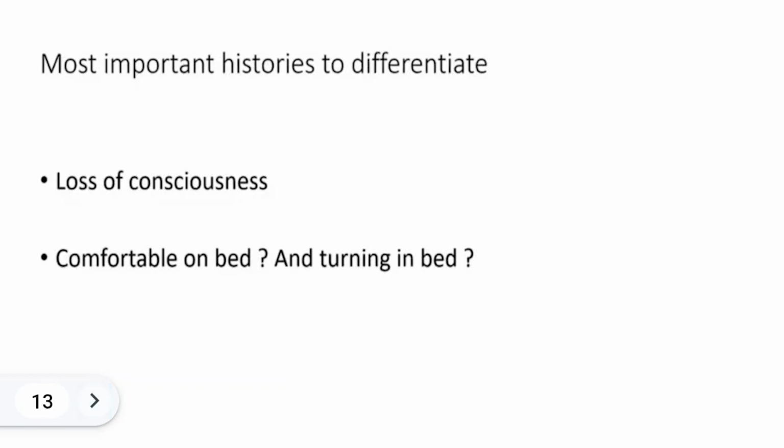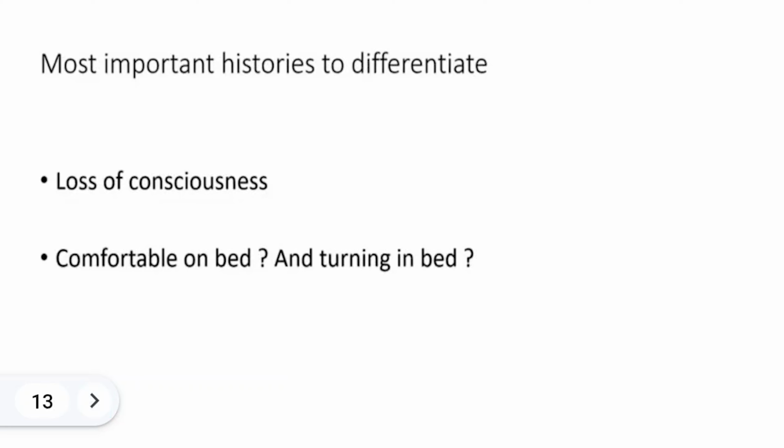And I just said that by asking 2 histories, we can differentiate true vestibular disorders from the other categories of disorders. One history is we must ask whether there is a loss of consciousness or not. Generally, loss of consciousness is seen in syncope or seizures. The second question we must ask is whether the patient lies comfortably on the bed or not.